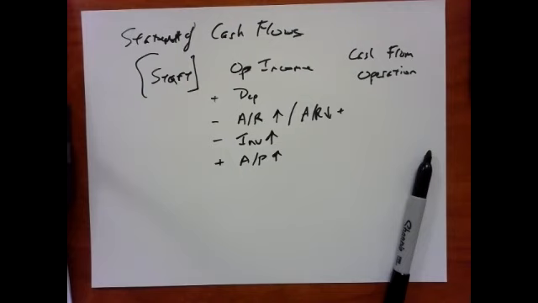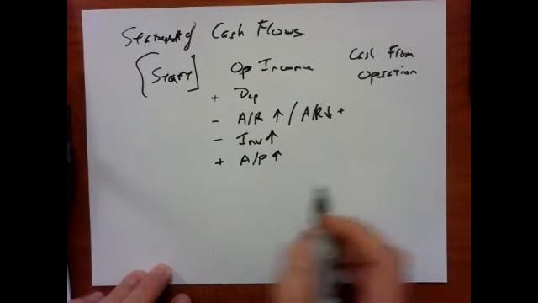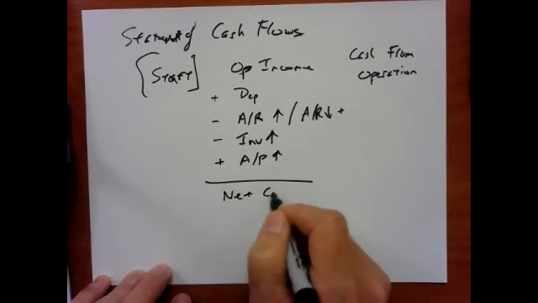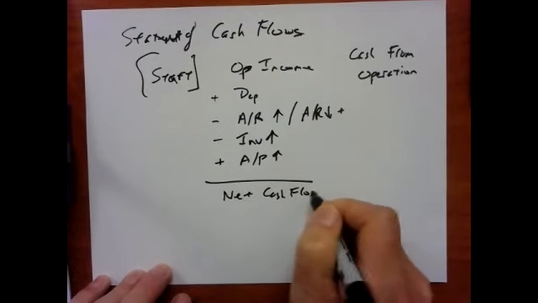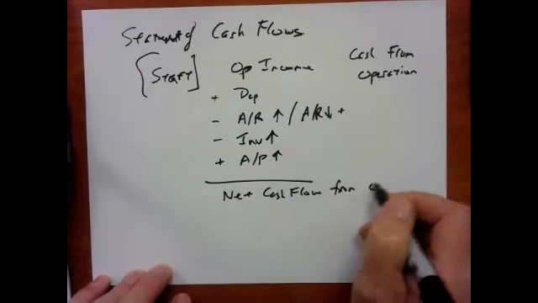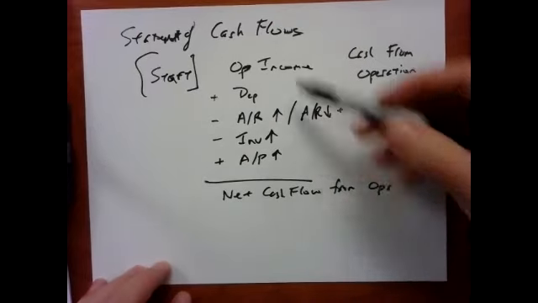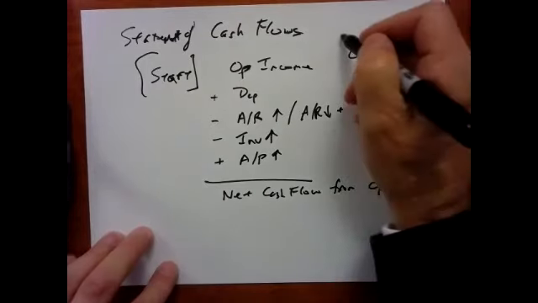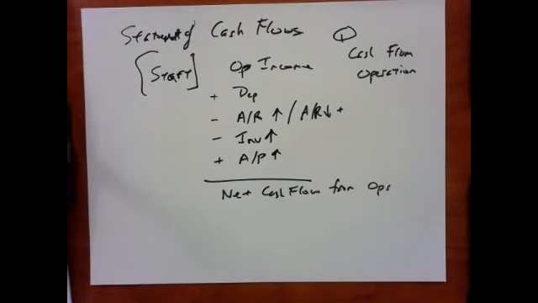I know this is a lot of head twisty kind of stuff. Again, not going to ask you it on the exam, but you should have a general idea of how this works. And there's a couple of other adjustments that get us to our net cash flow from operations. All of these things are related to the operation of our organization. So that is part one of the statement of cash flows.